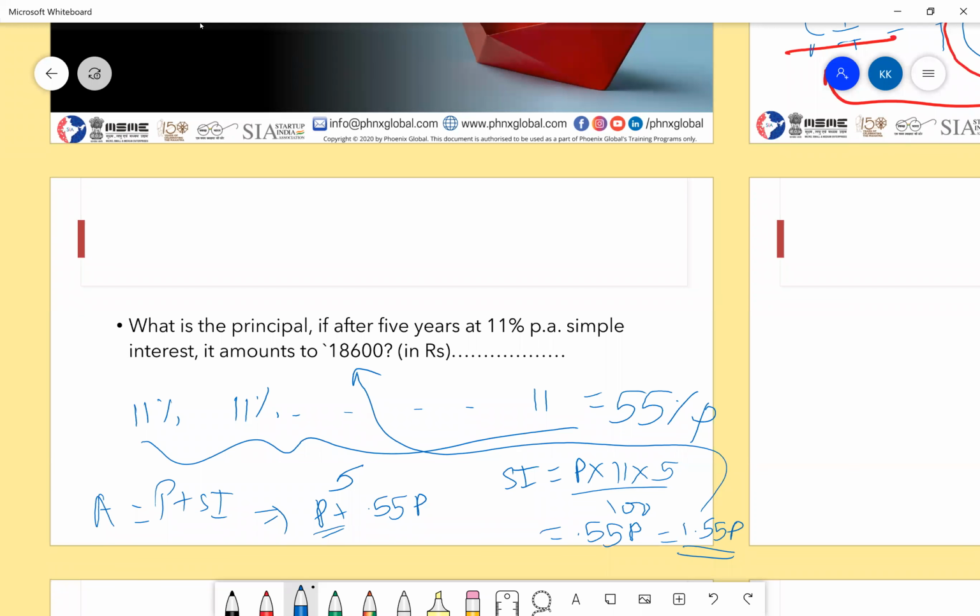What was tough in it? I don't still understand it. What did you guys misunderstand from this part? Aditya, where did you go wrong? Yeah, the very silly mistake that I did was I took 18,600 itself as the interest which was accumulated.